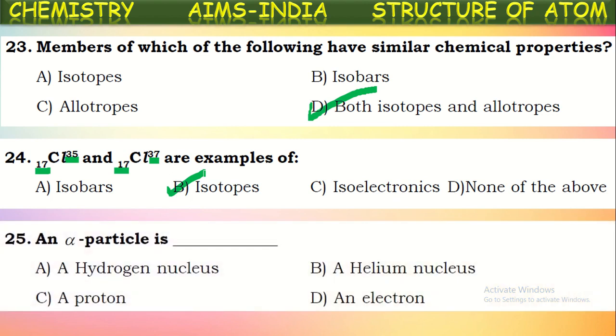Next one, an alpha particle is. What is an alpha particle? We told here, an alpha particle is a bunch of two protons and two neutrons. So it is similar to the helium nucleus, because we know a helium atom is having two electrons, two protons and two neutrons, isn't it?